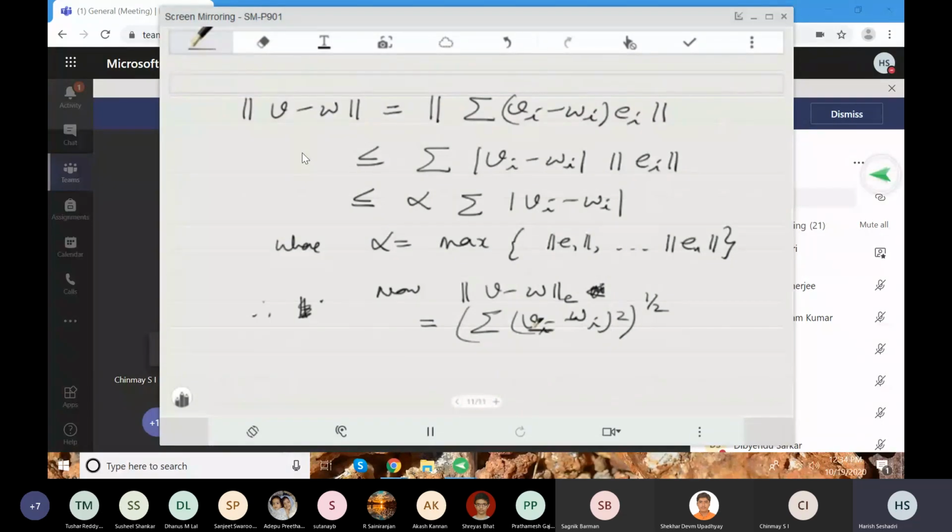Basically, if this is small, then each modulus of vi minus wi, each of those terms, will be small. So you can use the smallness of this part here and get that the norm of v minus w is small. Complete the proof by yourself.